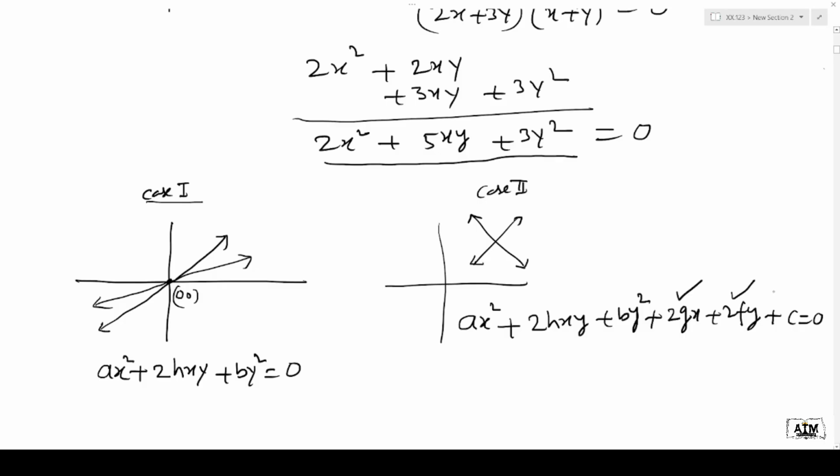Lines passing through the origin will have only the first three terms: first term, second term and third term. This is the difference between the lines passing through the origin and not passing through the origin. In the next video, I will discuss in detail these two equations.